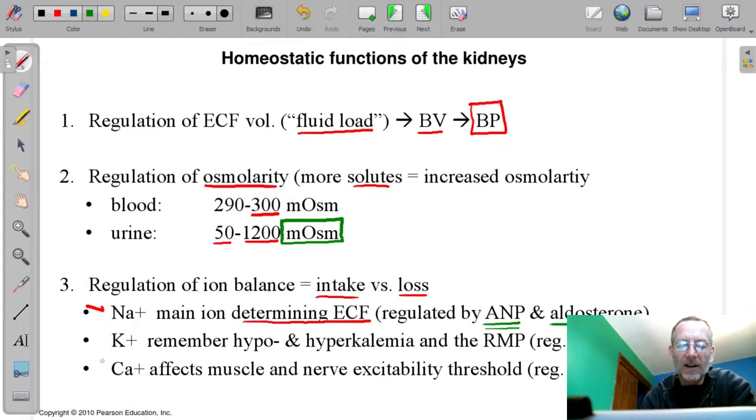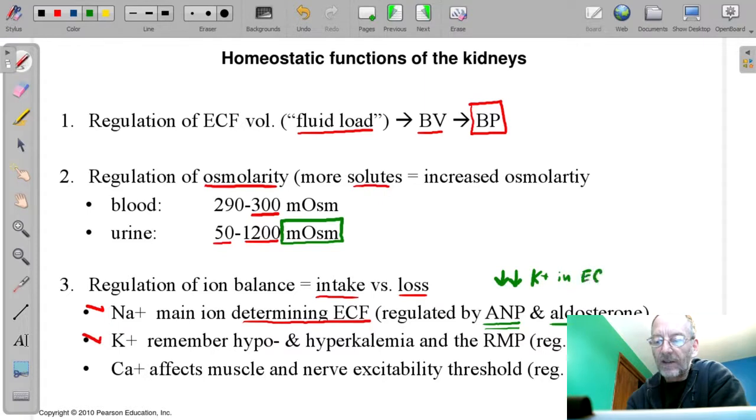Another key ion that's regulated by the kidneys is potassium. And what I would like you to remember is that the potassium in the ECF is very low. Very low potassium in the ECF, in the extracellular fluid volume.